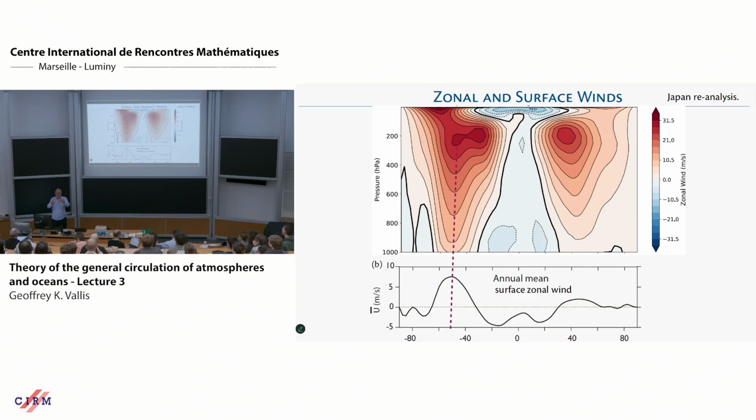And that convergence of momentum, you have to get rid of that momentum somehow, or it would keep on accelerating forever. That convergence of momentum is balanced by a drag at the surface, which takes out the momentum, and hence the wind is the maximum.